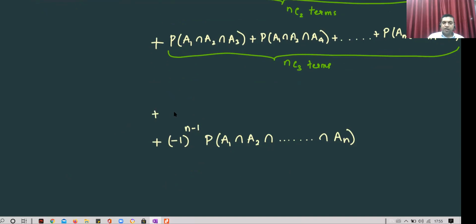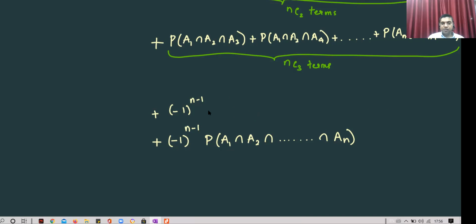The previous term will be minus 1 to the power n minus 1 times n terms. You will drop A1 once, A2 once in all the intersections.